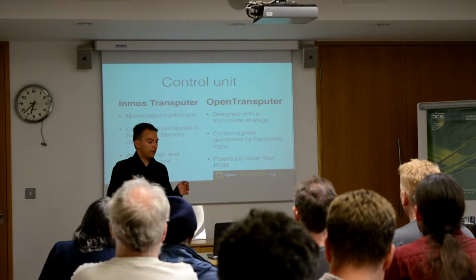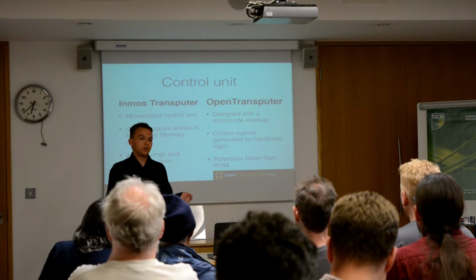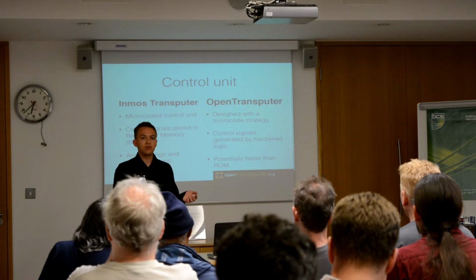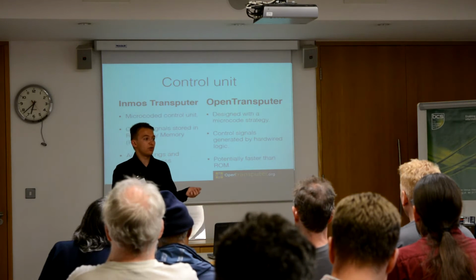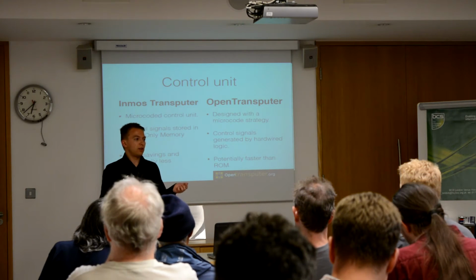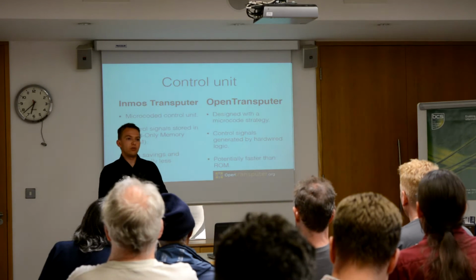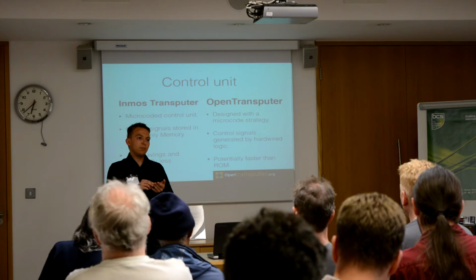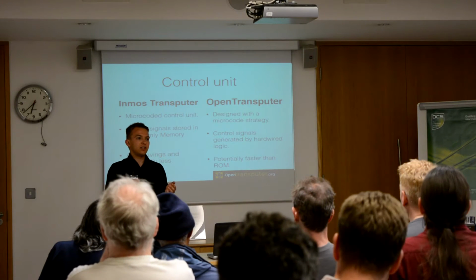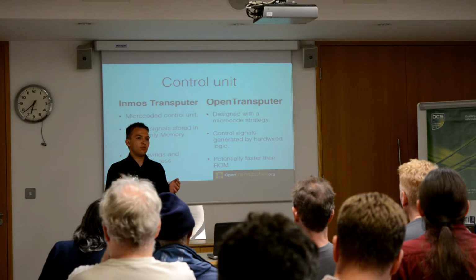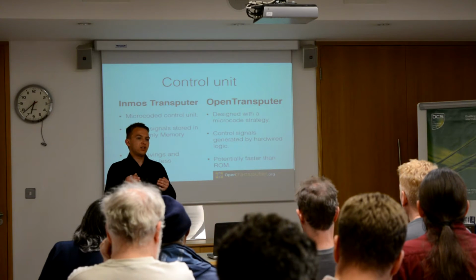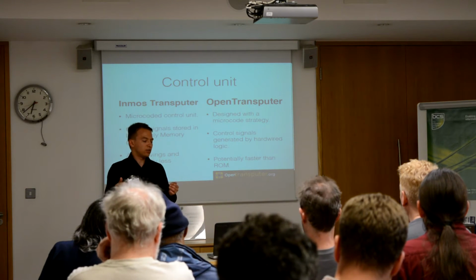So let's have a closer look at the control unit. In general, there are two ways of implementing a control unit: a microcoded approach or hardwired logic. In a microcoded approach, each assembly instruction is executed by a sequence of hardware-implemented micro-instructions that essentially refer to a set of control signals.